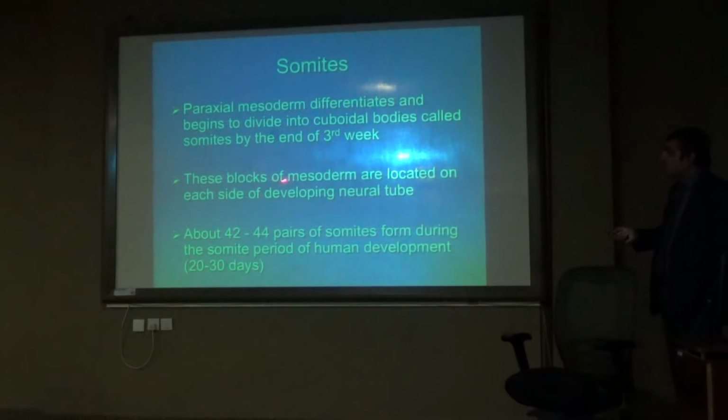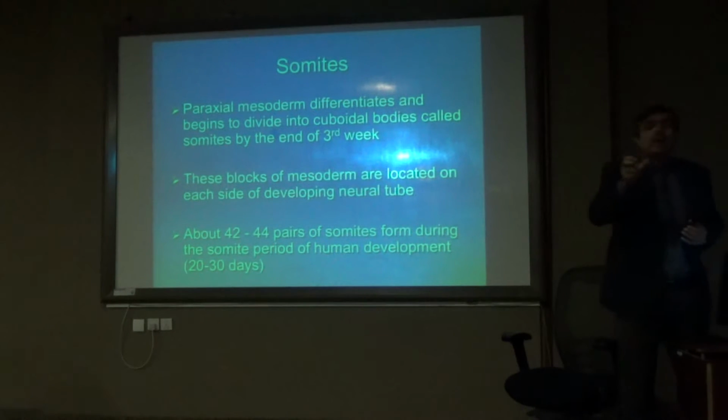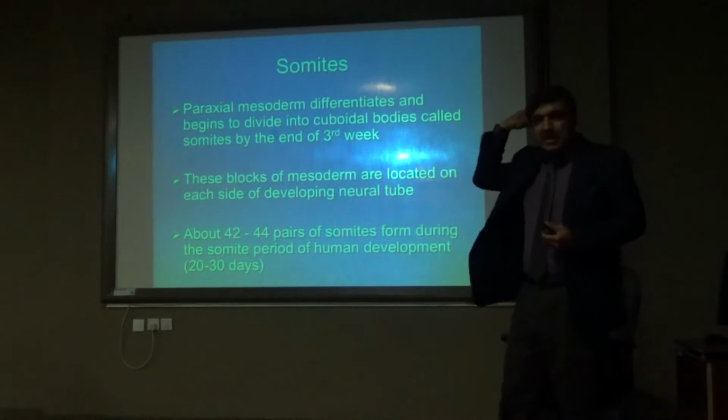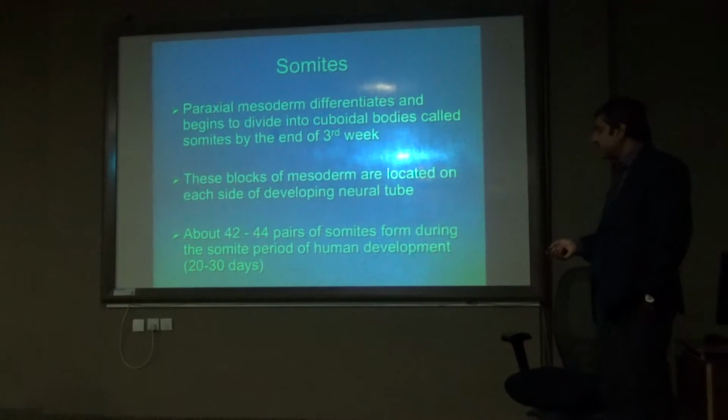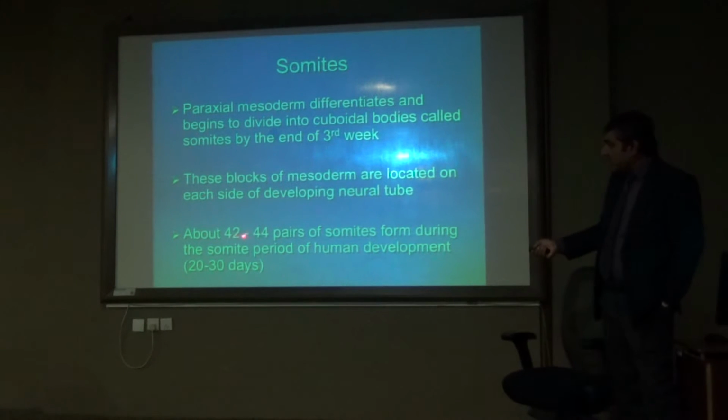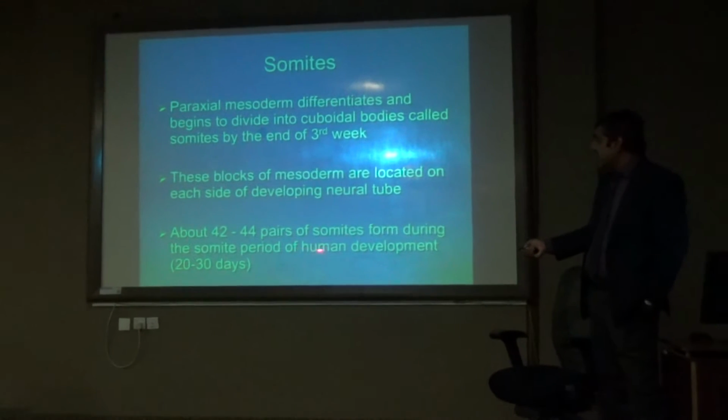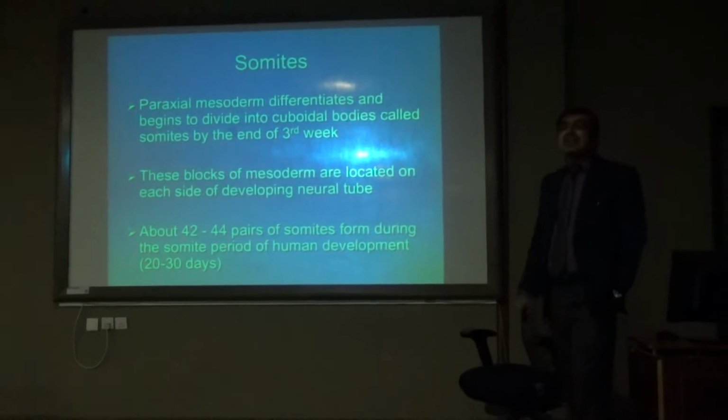These blocks of mesoderm are located on each side of the neural tube, which forms the spinal cord, so on either side of the spinal cord they are present. Now the answer to your question: 42 to 44 pairs of somites are formed during the somite period of human development, 20 to 30 days.